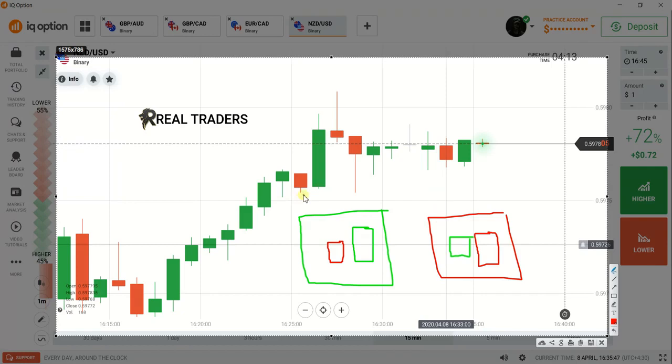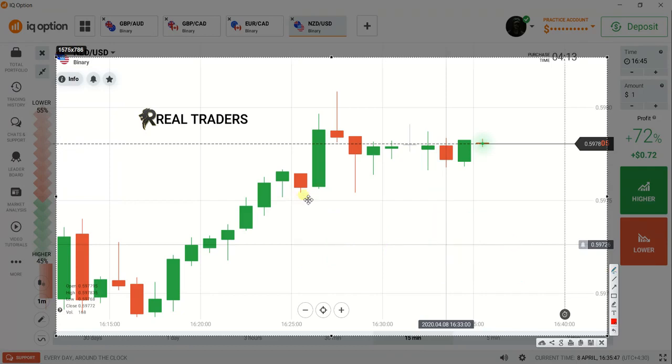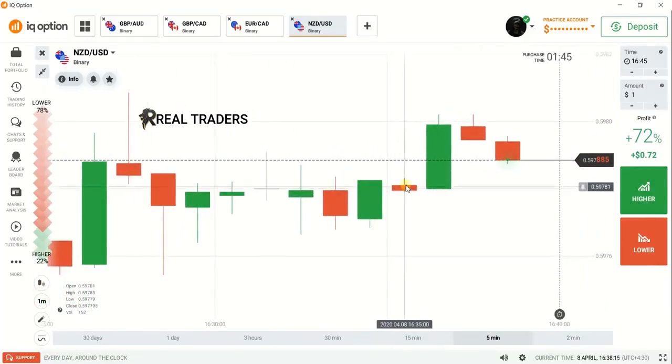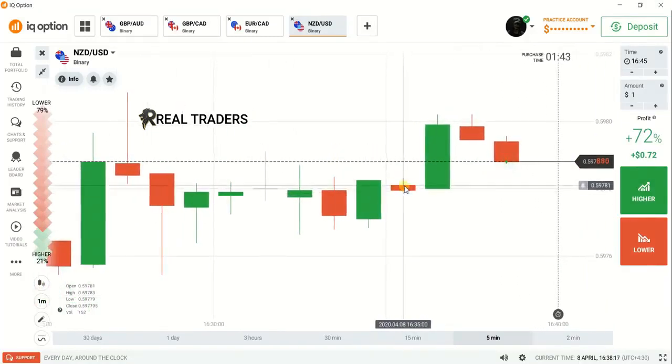And you can see here there is an example at this area in the market. You can see this is the bearish engulfing, but after this candle we can see a buyer's entry. Here you can see a bullish engulfing, and let's check what the next candle is. You can see a seller's candle again.